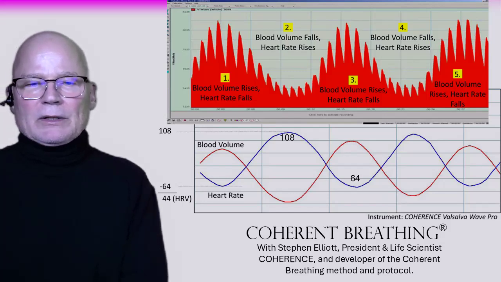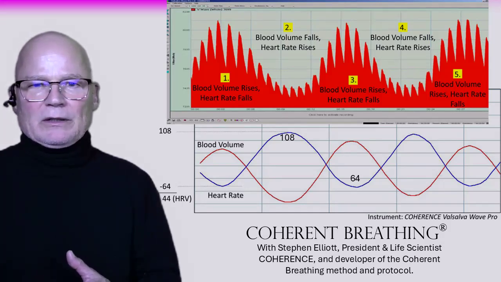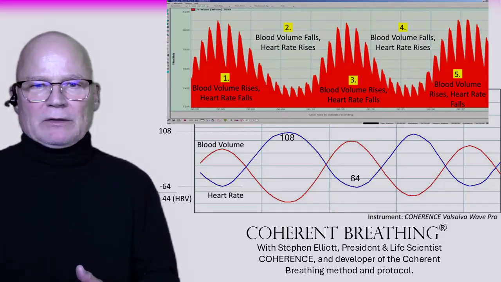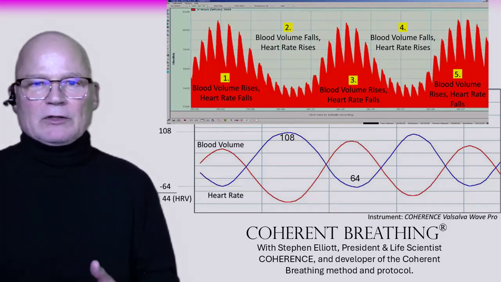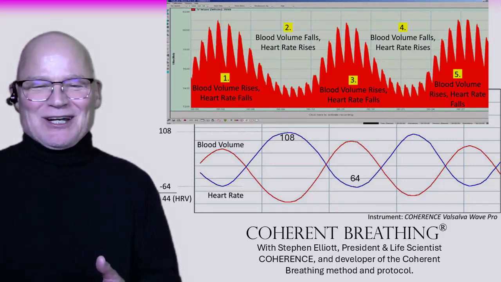The coherent breathing protocol is that we strive to realize a difference between the peak and the valley of between 20 and 30 beats. Nominally 25, let's say, is the goal. And as we do that, we'll notice that our lives begin to change.